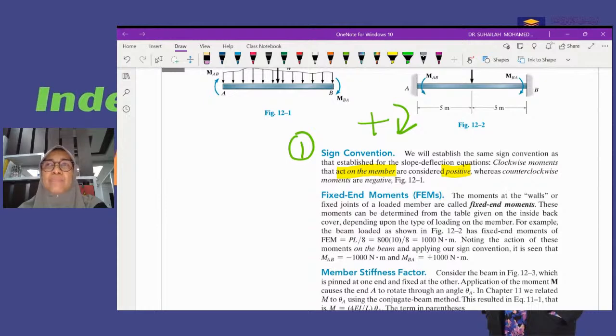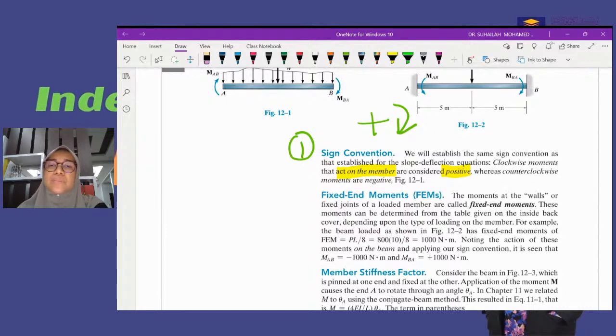Normally the beam is subjected to UDL, triangular load, point load at the center, or point load not at the center but still on the member. These give the fixed end moment. And fixed end moment is the first member end moment in the table, because we get joint moment from fixed end moment.